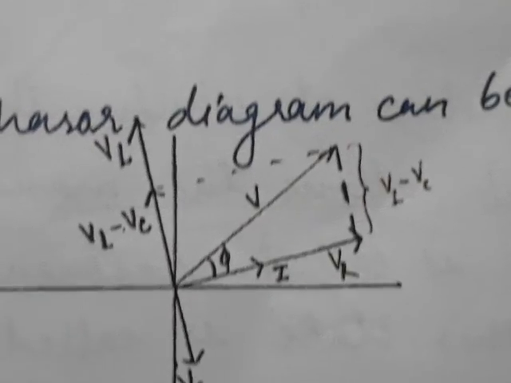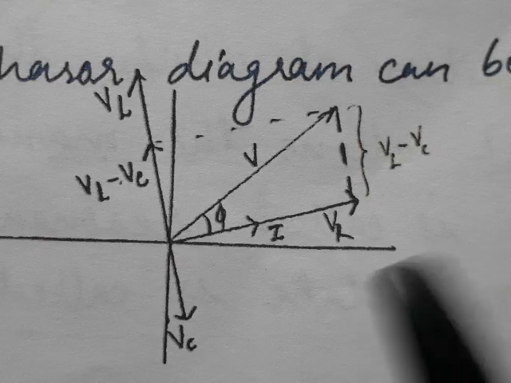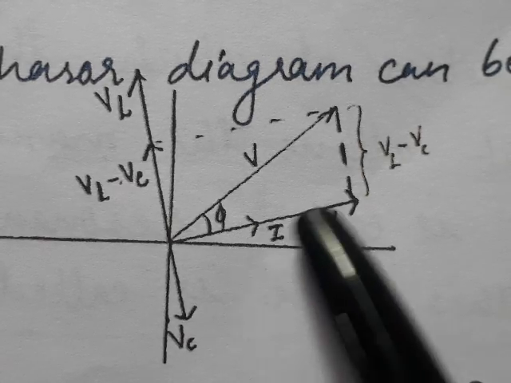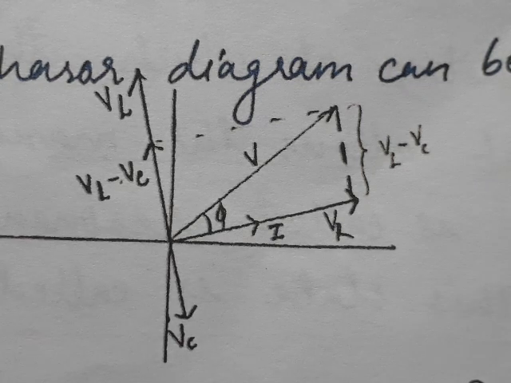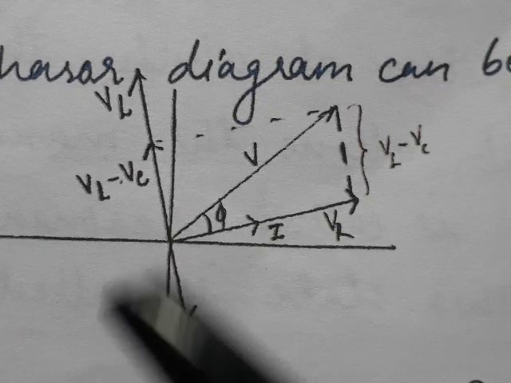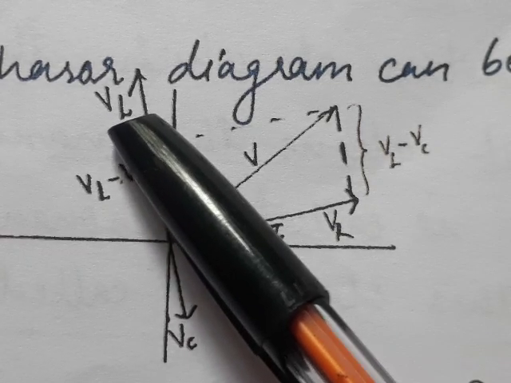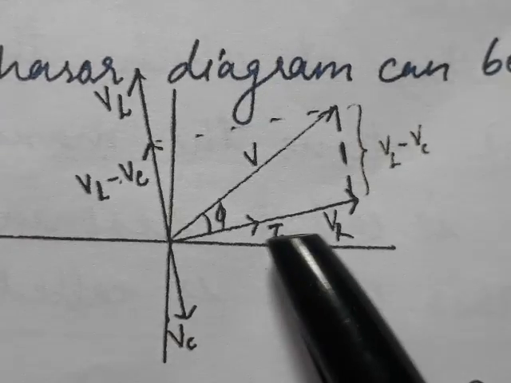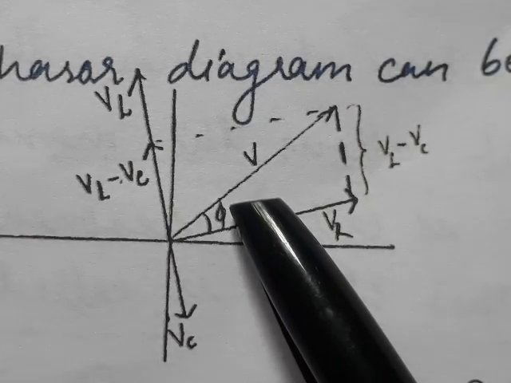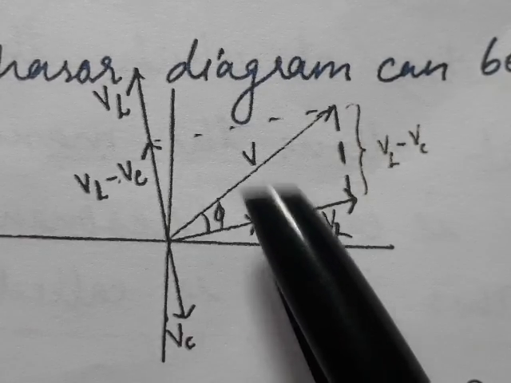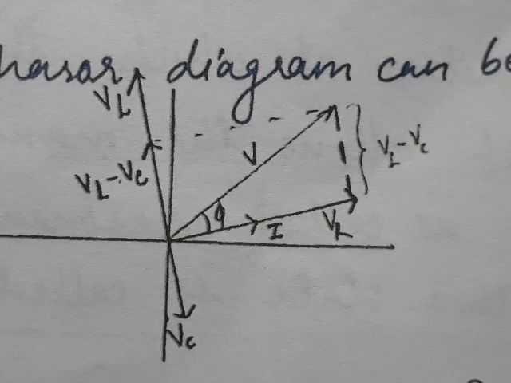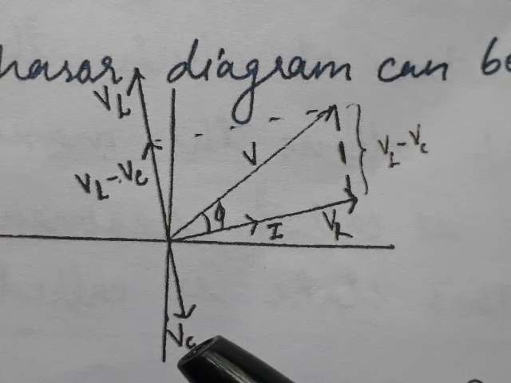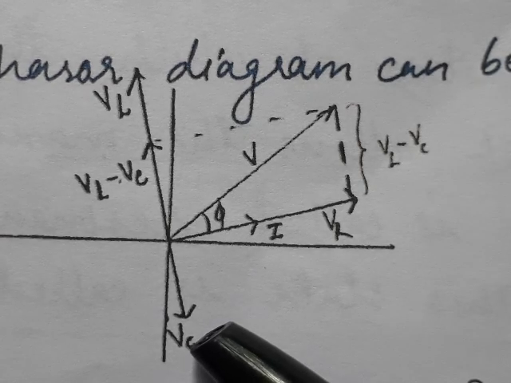In the case of resistor alone circuit, voltage and the current are in phase, so we draw a straight line marking VR and I. Now the voltage across inductor, that is VL, is leading the current. So I is here, it is leading by 90 degree, by pi by 2. So VL should be marked advanced with the current. But in the case of capacitor, voltage is lagging, so VC is down.